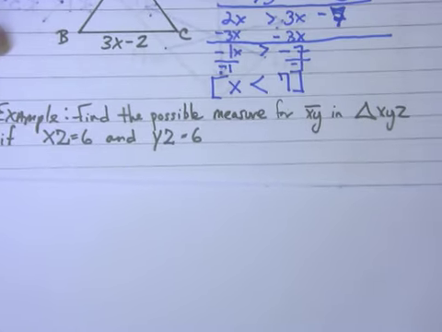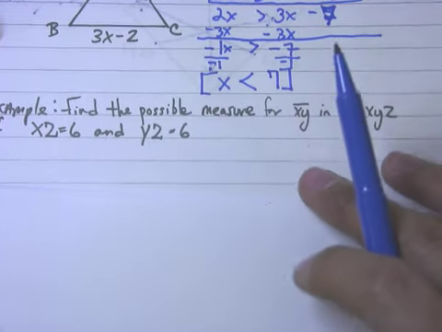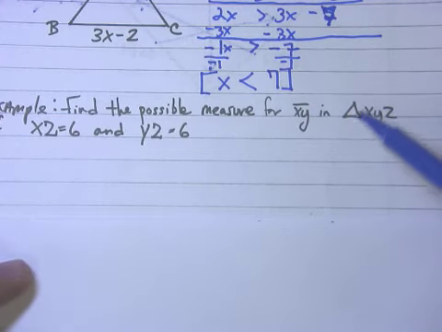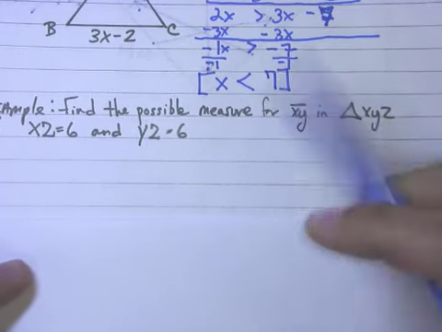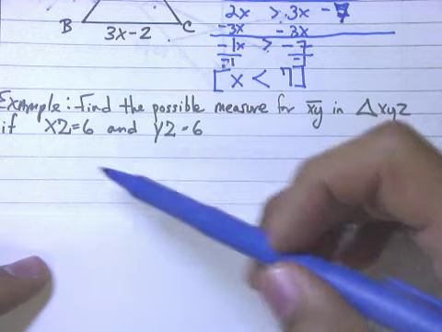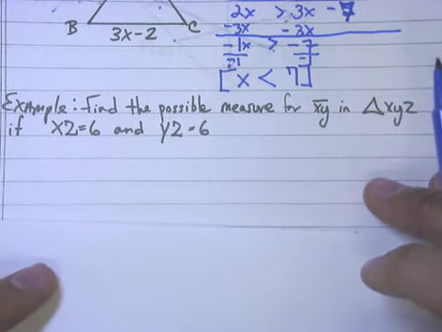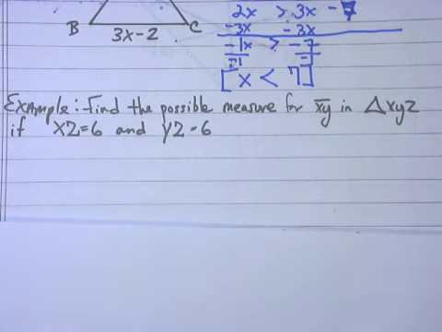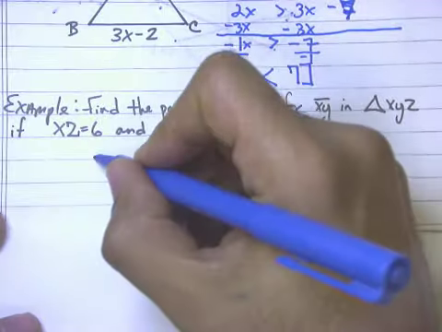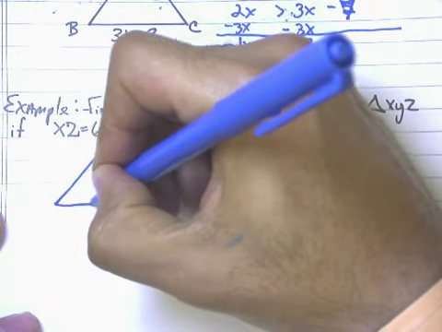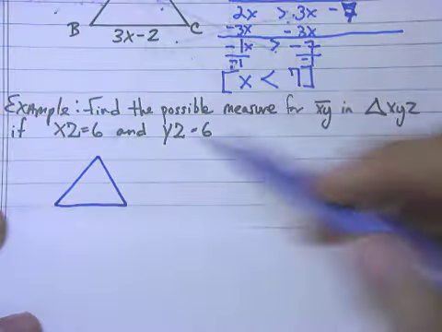Let's take a look at a harder question. Let's say here that they ask us to find the possible measures for segment xy in triangle xyz if xz is equal to 6 and yz is equal to 6. Well, if you notice, the first thing is they didn't give me a triangle.